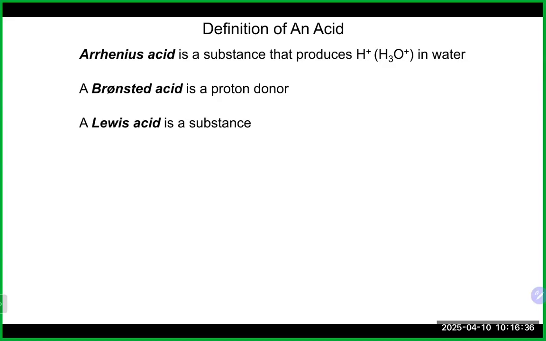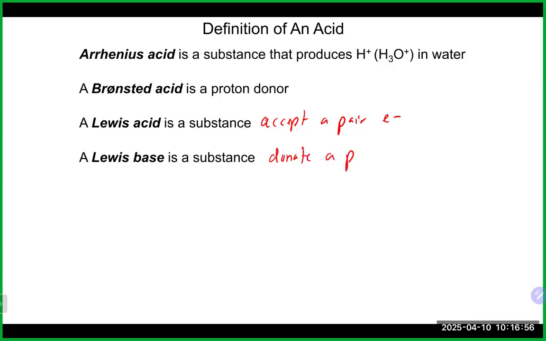A Lewis acid is something that will accept a pair of electrons, while a Lewis base, which we'll see in a number of places throughout some of these chapters, is something that will donate a pair of electrons. So the Lewis definition of acid and base involves electrons being donated and electrons being accepted.